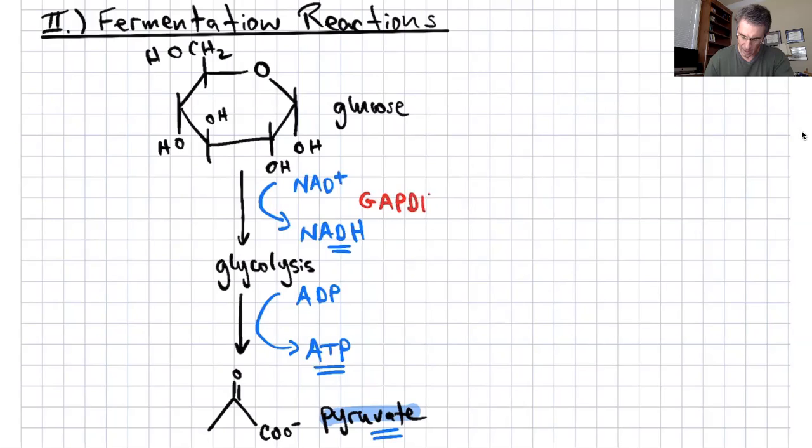And GAPDH, to function, has to have NAD. It's an essential cofactor. So another way to state this is that if you don't have enough NAD plus around, the GAPDH reaction won't work.